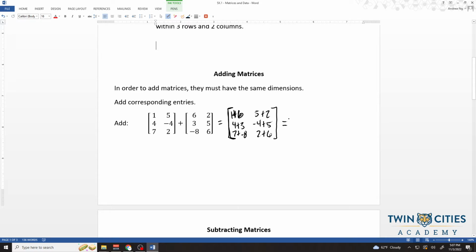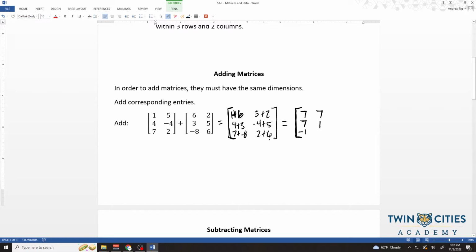Now actually do this addition. 1 plus 6 is 7. 5 plus 2 is 7. 4 plus 3 is 7. Negative 4 plus 5, okay, not 7. This is a 1. 7 plus negative 8 is negative 1.